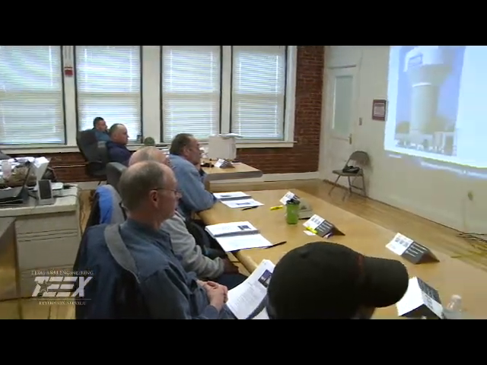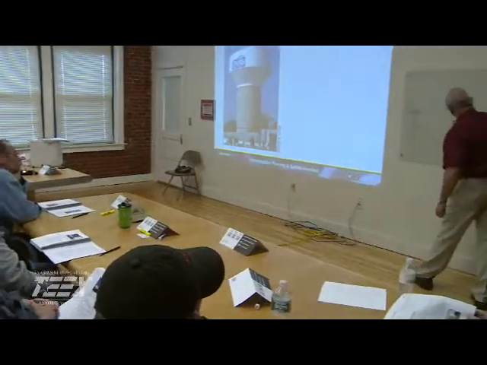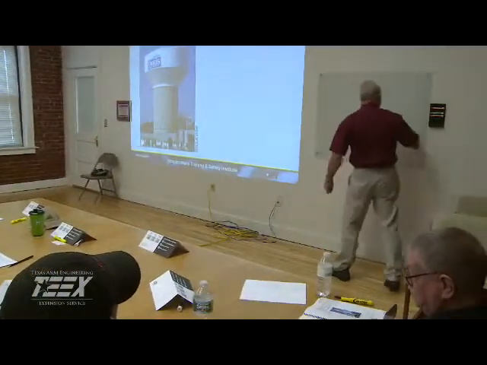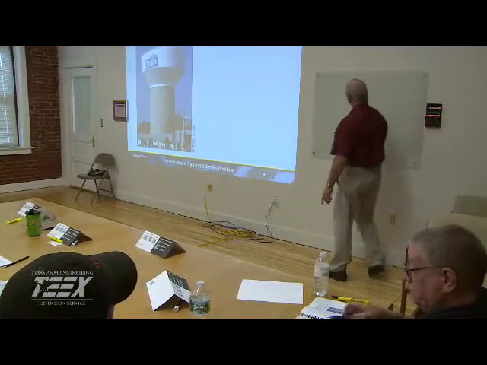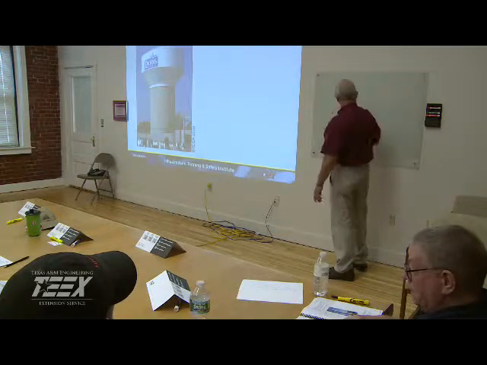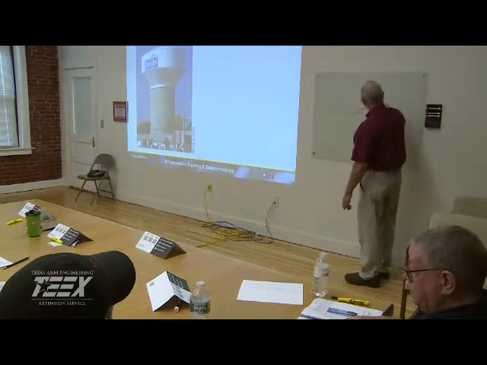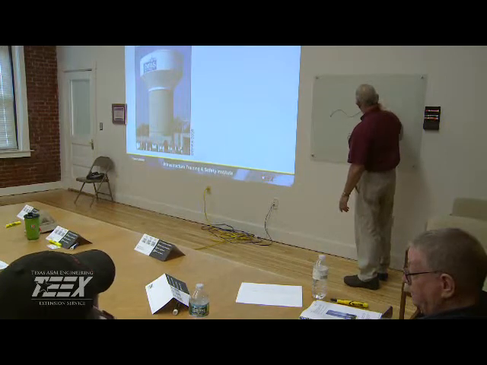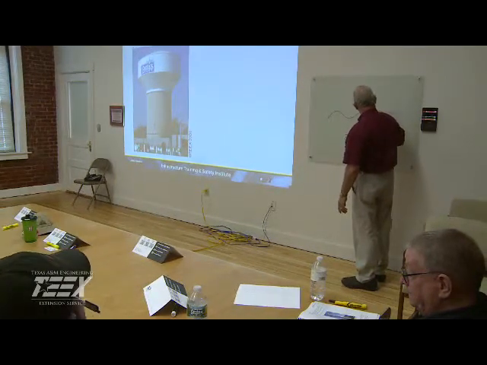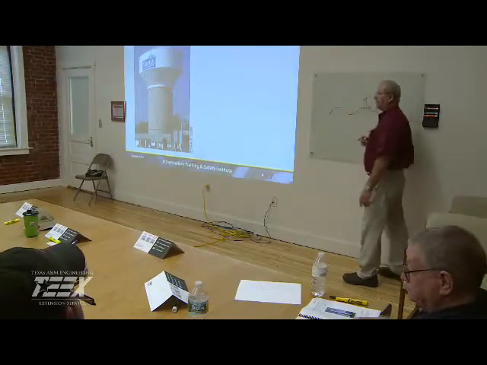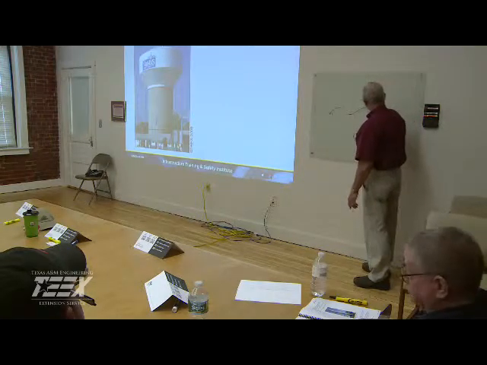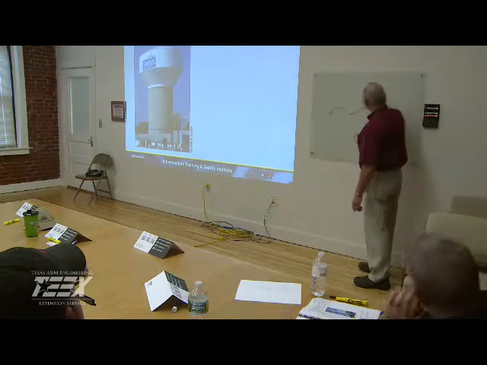Draw a little picture over here again. I like pictures. What is elevated storage? If you live, say, in the mountainous area or the hill country, and you've got an elevated storage tank, and let's say this is my highest service connection, and I've got people down in the valley. Okay, this is my highest service connection.